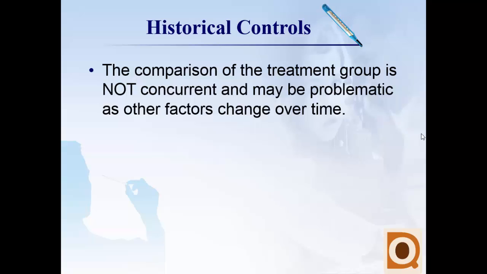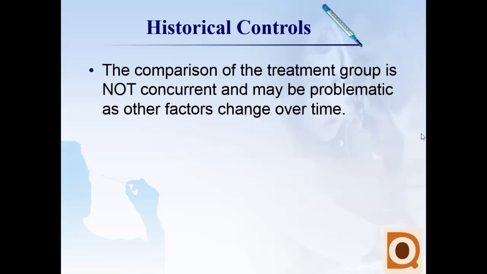In historical controls, patients given a new treatment are compared with patients who have already been treated with an existing treatment regime, and normally who at the time of testing the new treatment have already been treated, assessed, and discharged. So the comparison of the treatment group and the control group is not concurrent, and this most of the time is problematic as other factors change over time, such as, for example, the hospital staff or the staff who are involved in the research or study, and the patient mix.